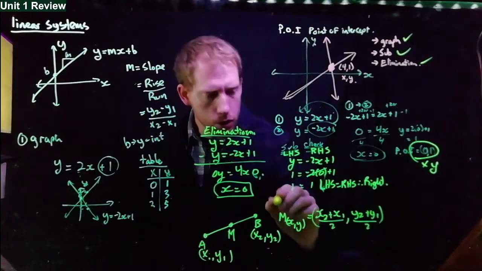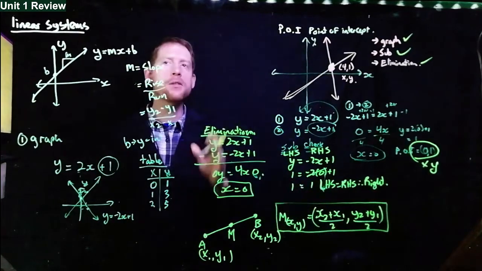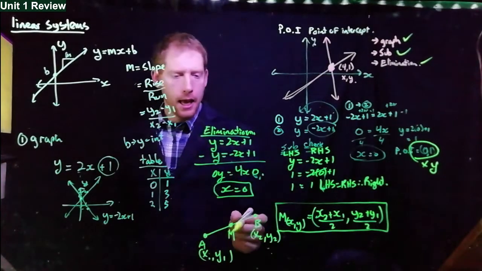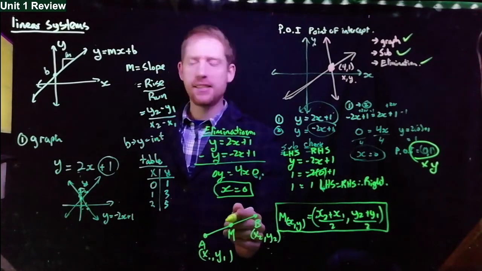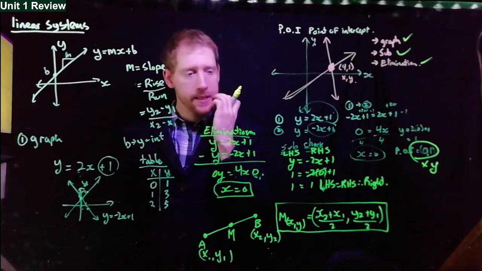Okay? So you need to be able to find the midpoint, and we also need to find out the distance. To find out the distance of that, we could use our Pythagoras theorem. It's the same idea.